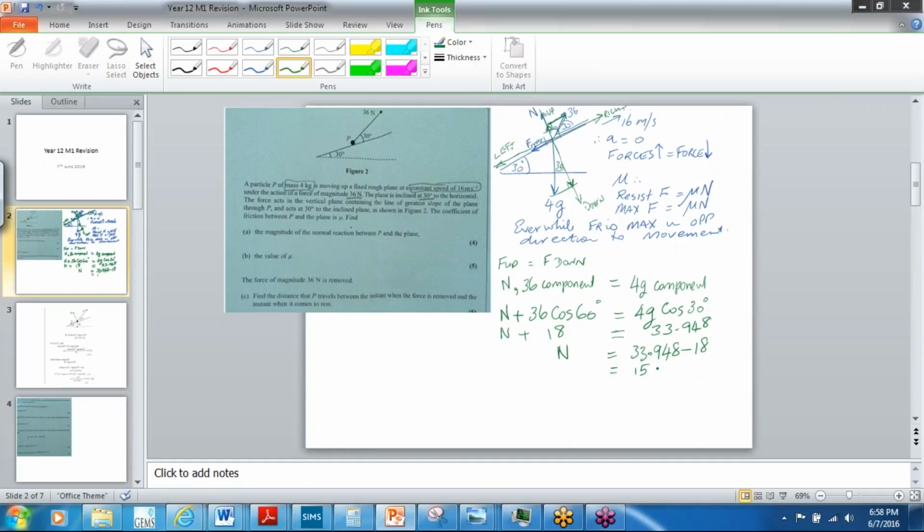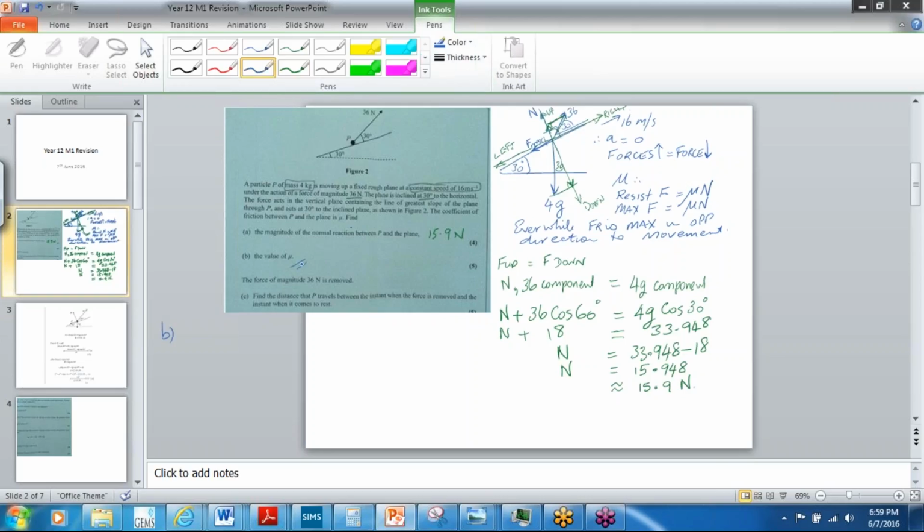Now that's N. We will say that's approximately 15.9 newtons. So we'll put here the magnitude of the normal is 15.9 newtons.